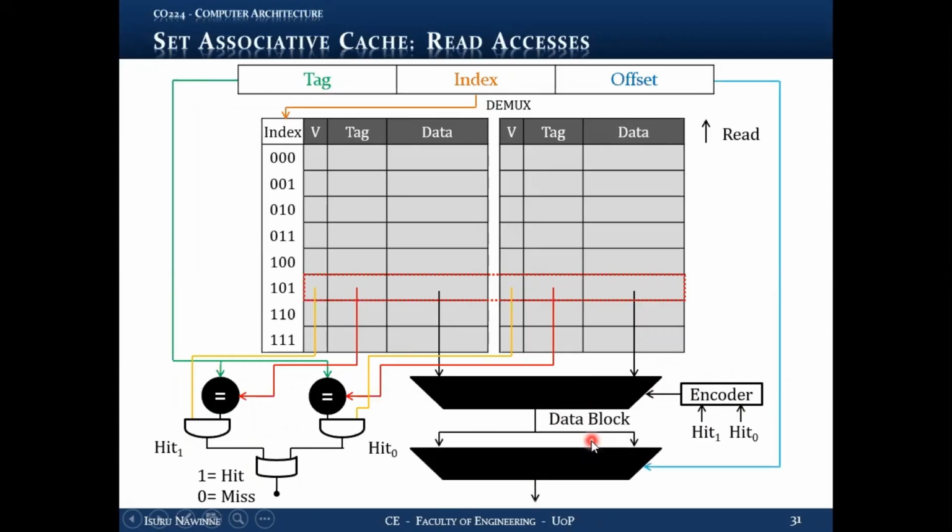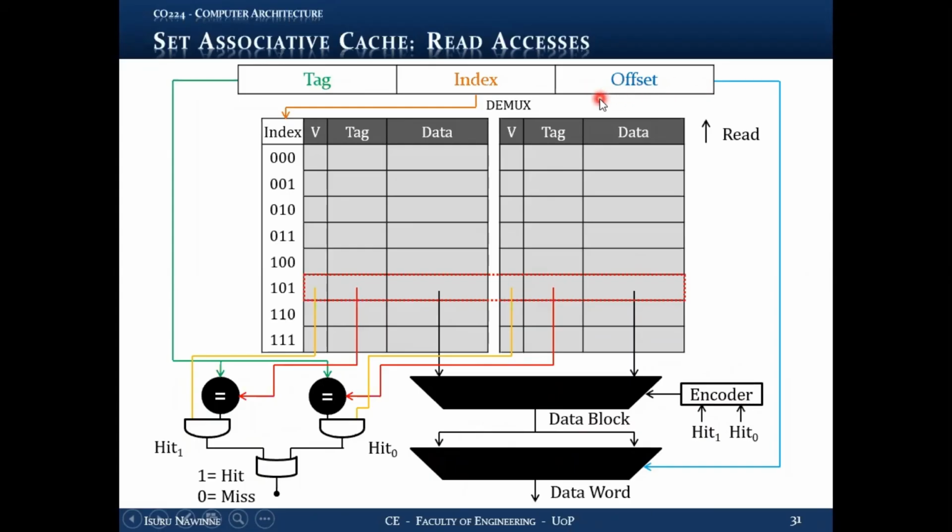Then just like we did in the direct map cache, from that data block there are multiple data words, and you have to select the appropriate data word based on the incoming address, and for that we use the offset signal.